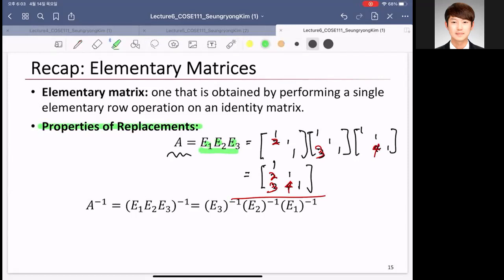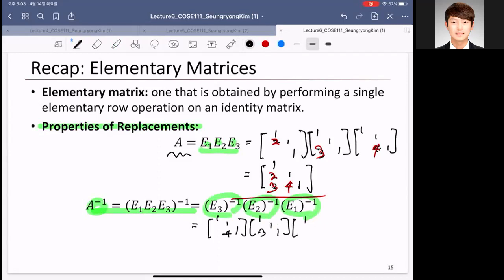And similarly, the inverse of matrix A is going to be the inverse of E1, E2, and E3. We already know it is the inverse of E3 times the inverse of E2 times the inverse of E1. Then by definition, this one is going to have negative 4, negative 3, and negative 2 in the respective matrices. Finally, it's going to be 1s on the diagonal with negative 2, negative 3, and negative 4 below.